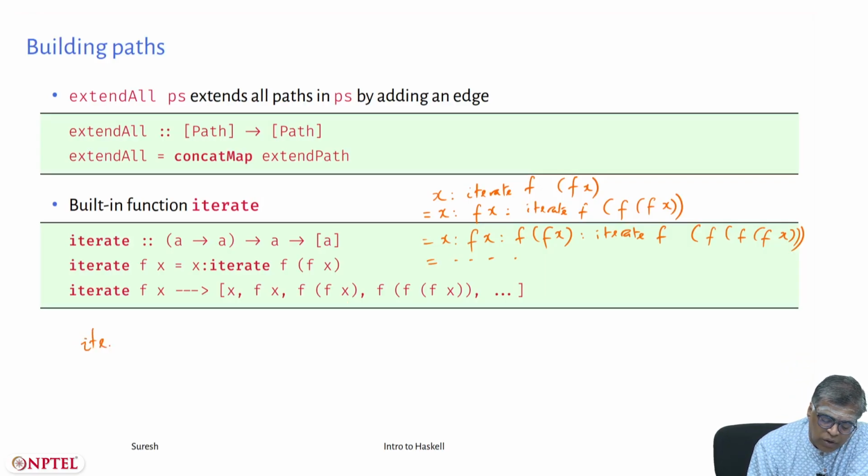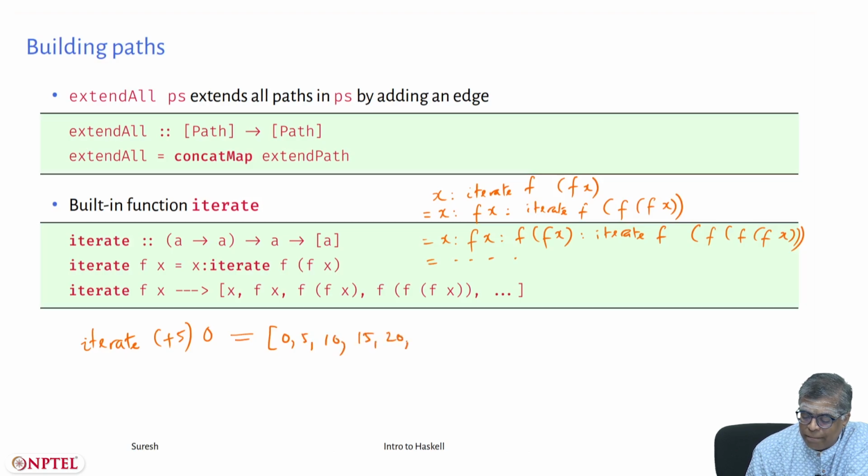Suppose I do iterate of plus 5 on 0, then I will get the list 0, 5, 10, and it will keep on going.